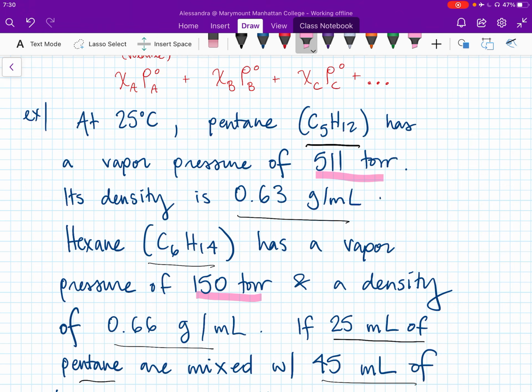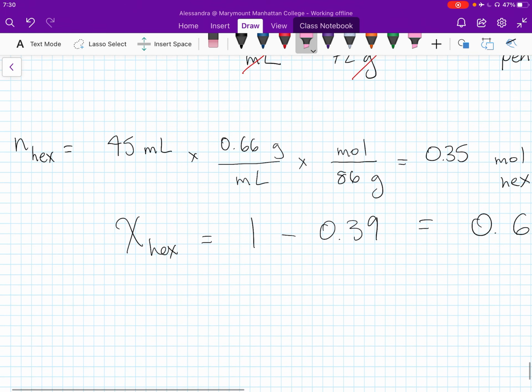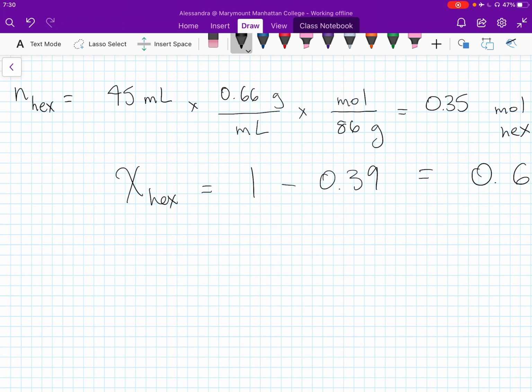So taking those two values, I'm going to calculate the total vapor pressure of the solution as the mole fraction of pentane, which is 0.39, multiplied by the vapor pressure of pentane, which was 511 torr.